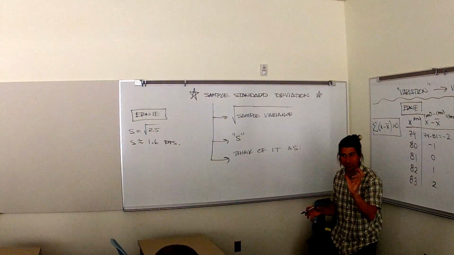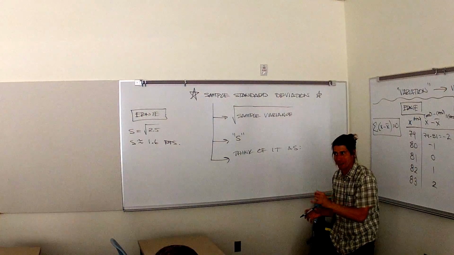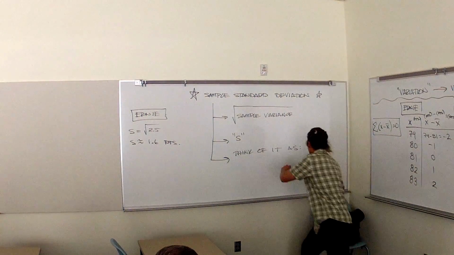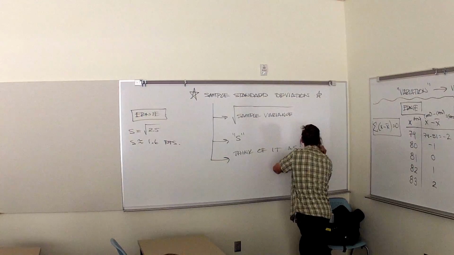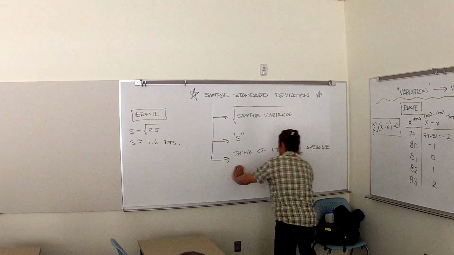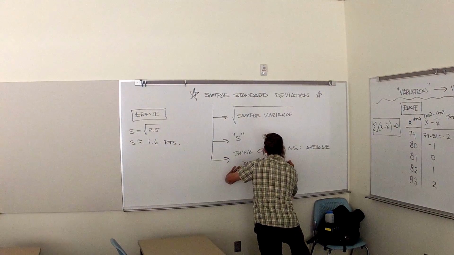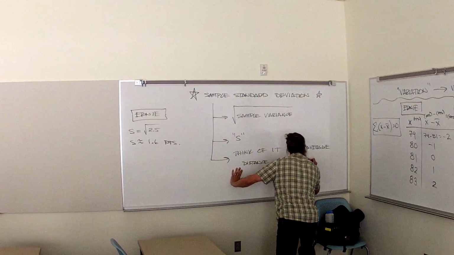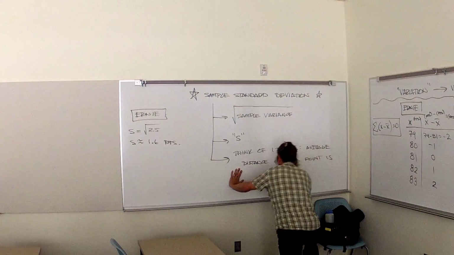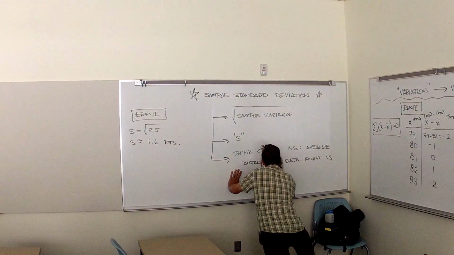That sounds a little weird because you have the word average in there twice, but it makes sense. It's the average distance a data point is from average.